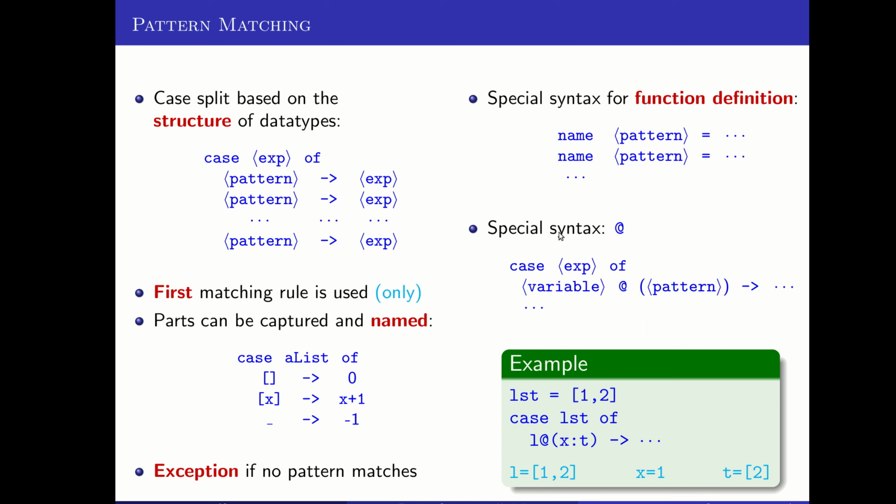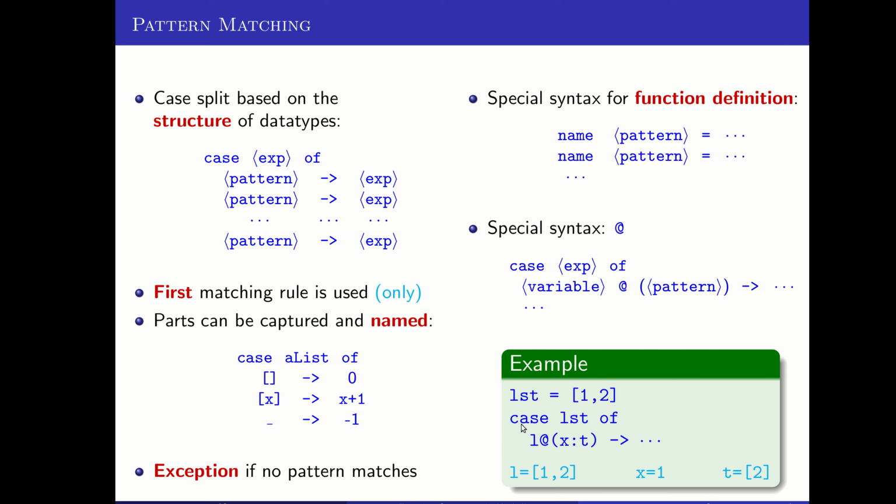There's one other piece of syntax that I want to pull out for us here, and that's the @ symbol. We can use that to name a variable for the entirety of a pattern. So if, for example, our pattern was that we were taking a list and it would have some head and some tail, we can name the head and the tail similar to how we named that item x here and we're able to use it.